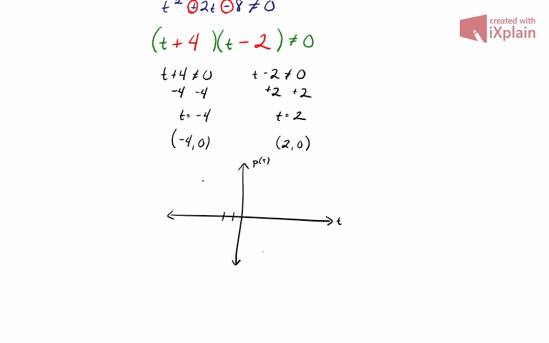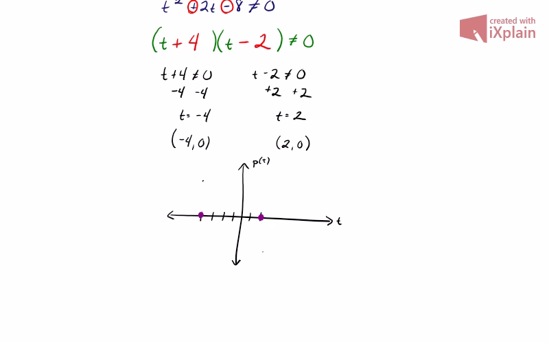So if we were to go ahead and graph this, I have my x-intercept here at negative 4 and one at 2. I know that because this is a quadratic, or an even degree, my end behaviors are going to go in the same direction. Also note that we were working with a positive t squared, so the lead coefficient is going to be a positive 1.